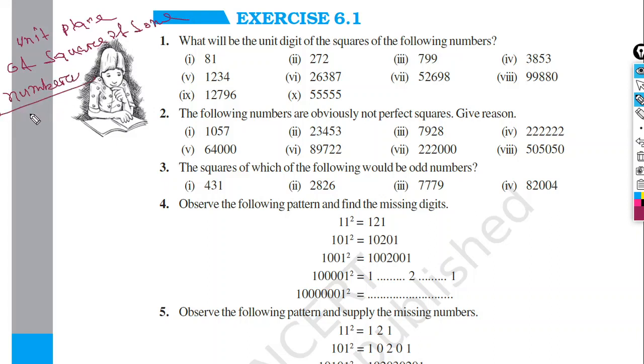There what we had seen was that the unit place of the square of any number is either 0, 1, 4, 5, 6 or 9.